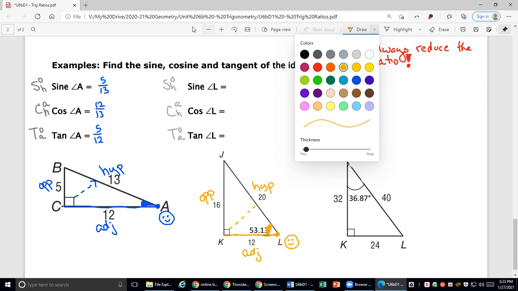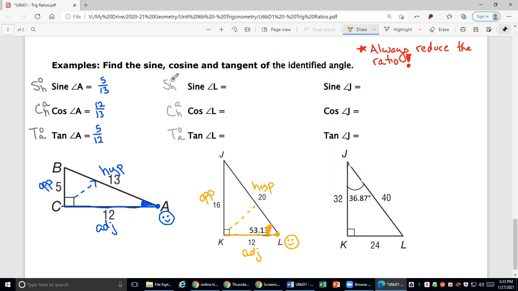So my first ratio is sine, opposite over hypotenuse. My opposite is 16. My hypotenuse is 20. Now both of those are divisible by 2, so I could say 8 over 10, but those are still going to both be reducible by 2 again. So remember, the bigger number you can find that goes in, the less reducing you'll have to do.